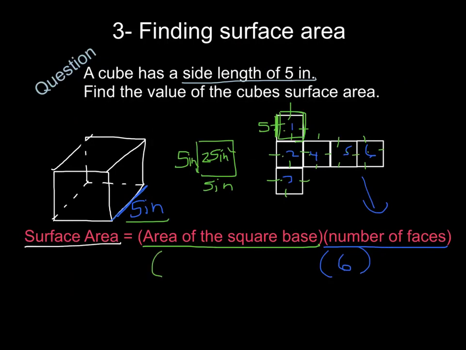So if we plug that into our formula, the area of the square base is 25 inches squared, and we multiply 25 inches squared times 6 to give us our surface area, which happens to be 25 times 6, which is 125 inches squared.